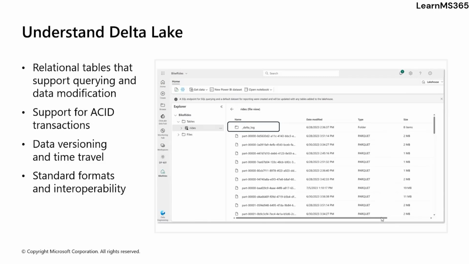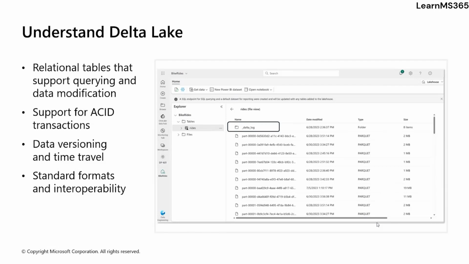Now, one of the most important things is standard formats and interoperability. So, the underlying data for the delta table is stored in the Parquet format, which is commonly used in data lake ingestion pipelines. Okay.